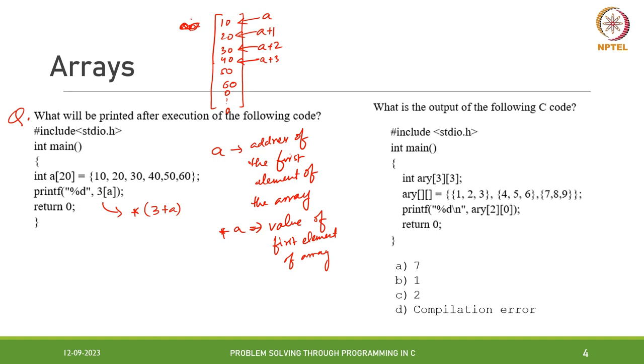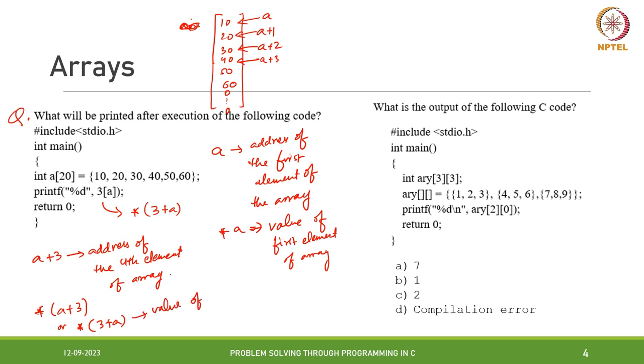When I say A plus 3, this is the address of the fourth element of the array. Now when I say star of A plus 3 or star of 3 plus A, I am saying it is the value of the fourth element of the array.